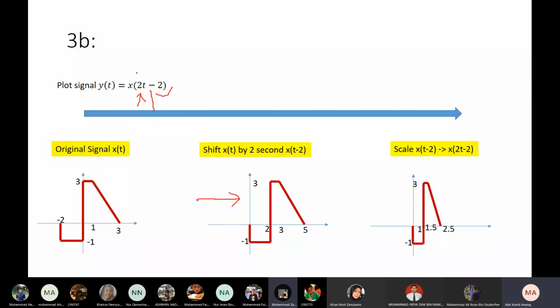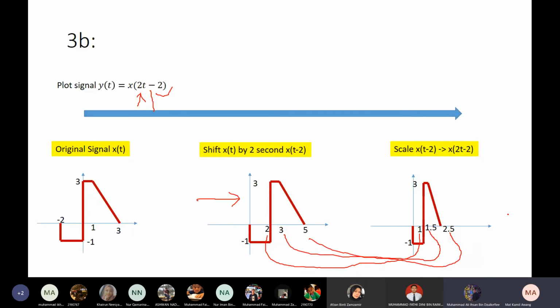Divide by 2, so by half. So 2 becomes 1, 3 becomes 1.5, and 5 becomes 2.5.